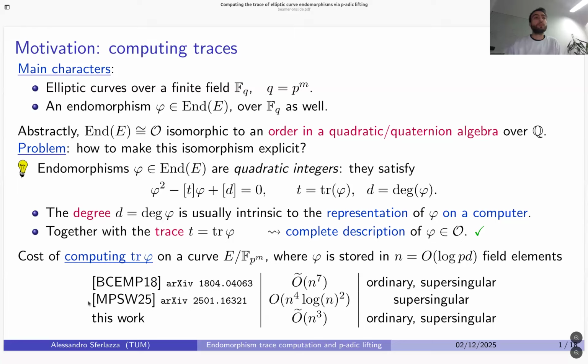Then this year, Morrison, Panny, Sotáková, Wills observed some speedups in the supersingular case. And in this talk, we try to lower the complexity even more, to a cubic algorithm in the size of the inputs, that is supposed to be general and apply to both ordinary and supersingular curves.